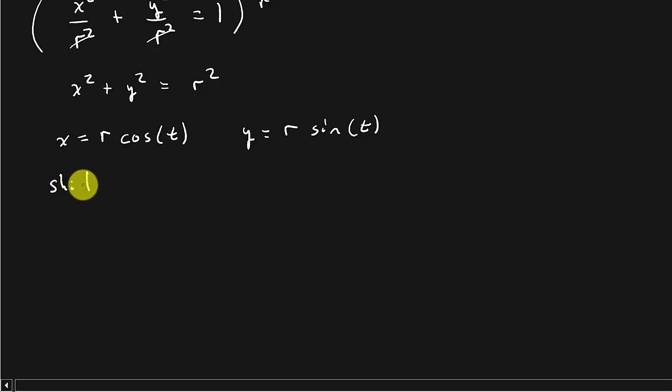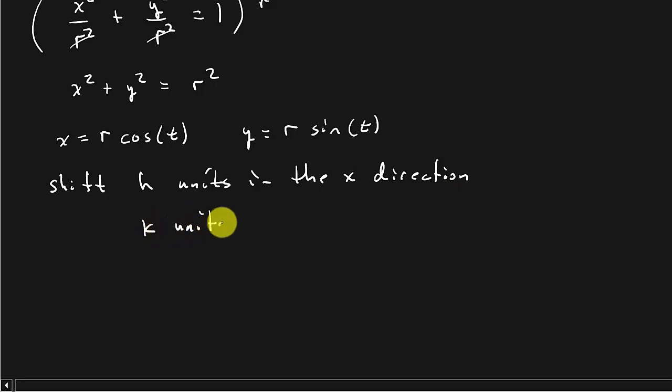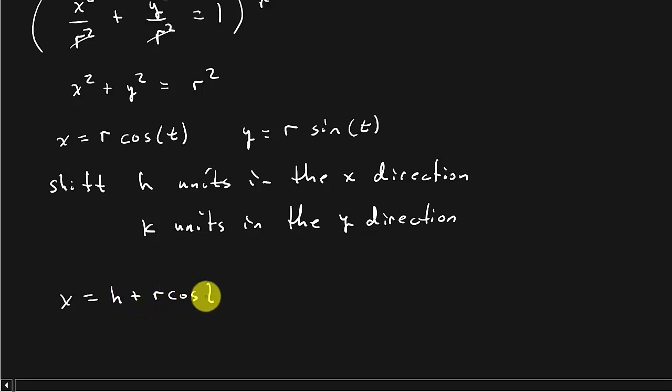So I want to shift h units in the x direction, and k units in the y direction. Well, that ought to be easy. That's just x equals h plus r cosine t.